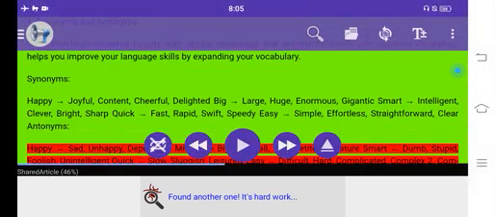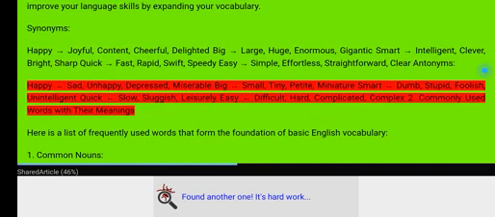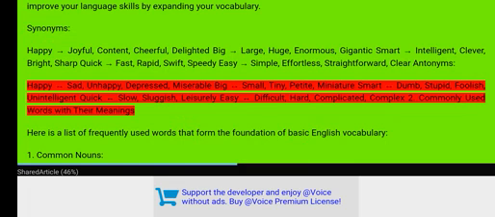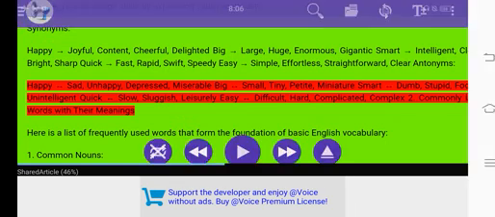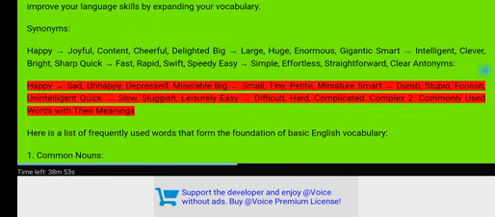Quick: slow, sluggish, leisurely. Easy: difficult, hard, complicated, complex.